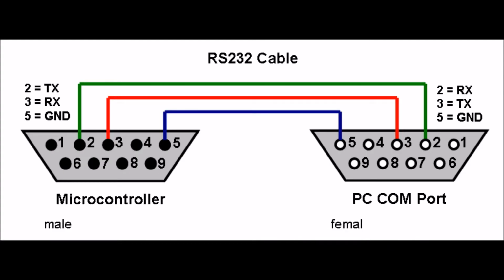As you can see from this image, the basic RS232 cable indicates that these three pins, transmit, abbreviated TX, receive, abbreviated RX, and ground, abbreviated GND, are the basic connection type.